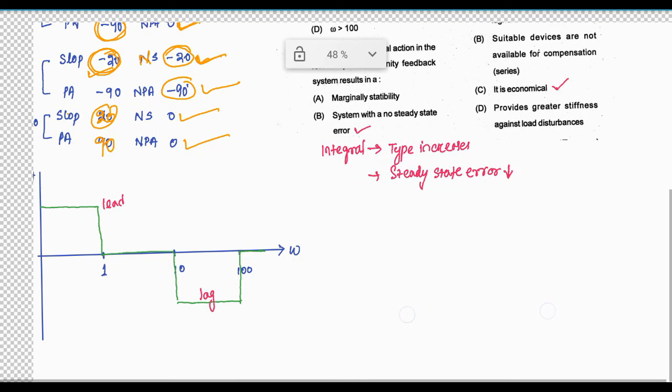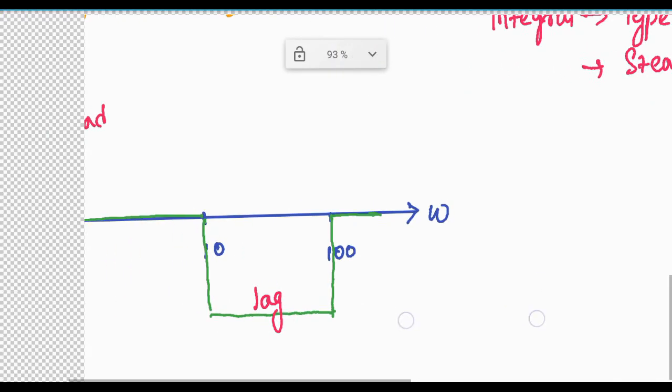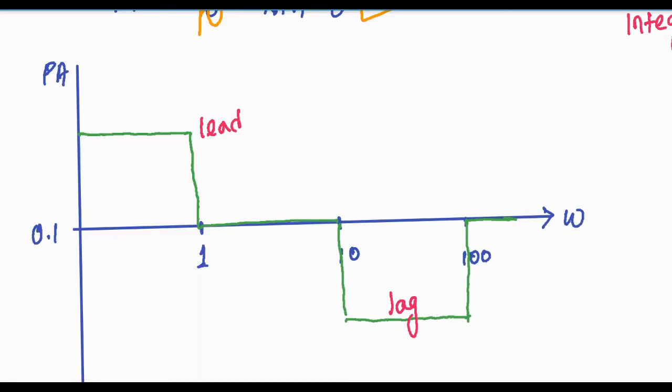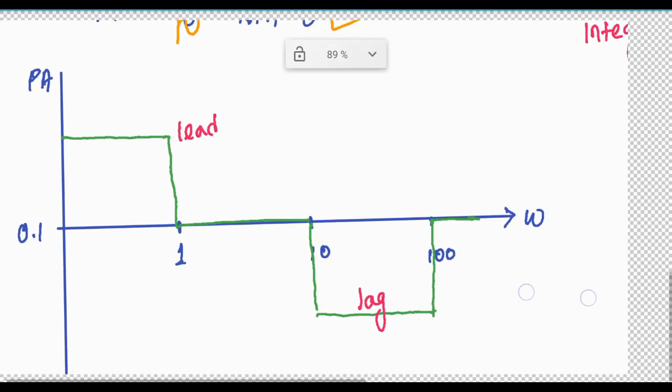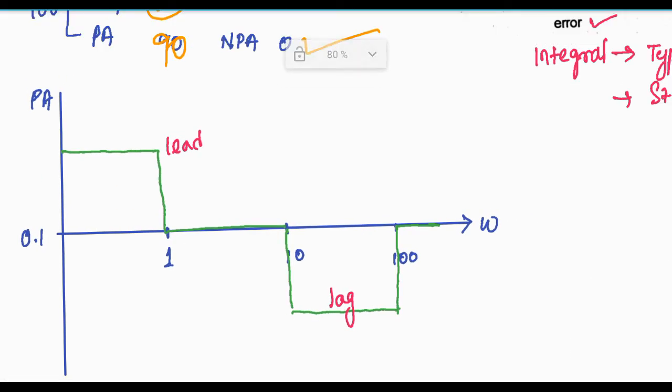In the phase angle plot, the x-axis represents omega as log omega, and the y-axis is the phase angle in degrees. As we are using log omega, 0 cannot be represented, so we start from 0.1, then 1, 10, and 100. These are the corner frequencies.